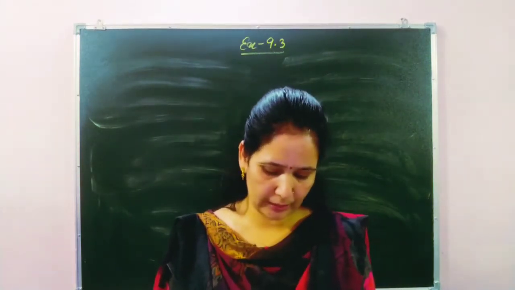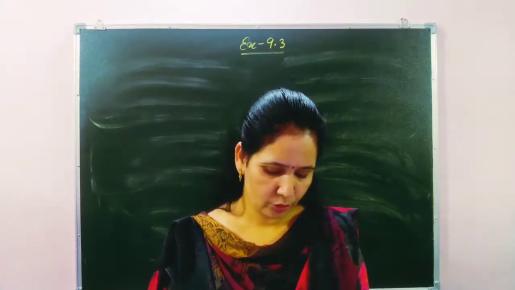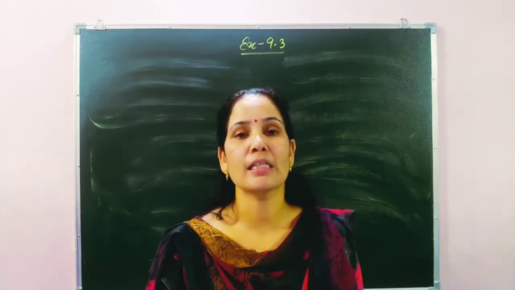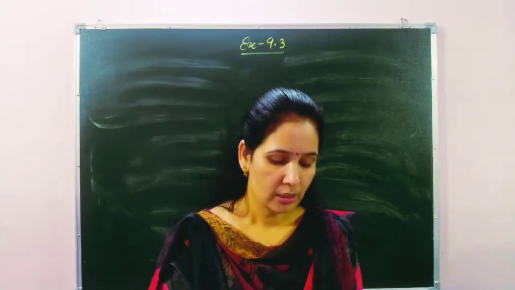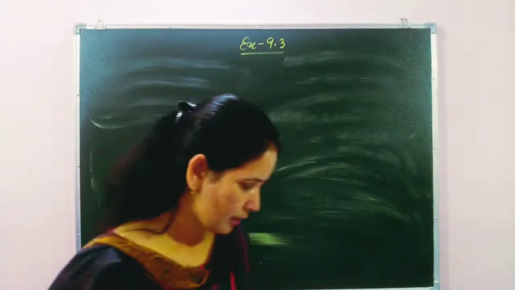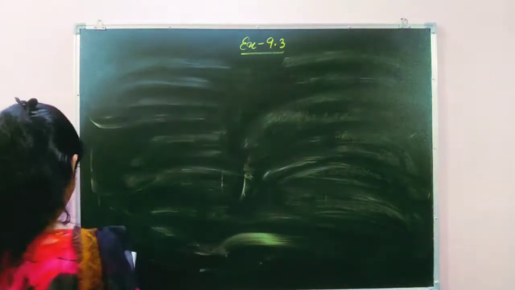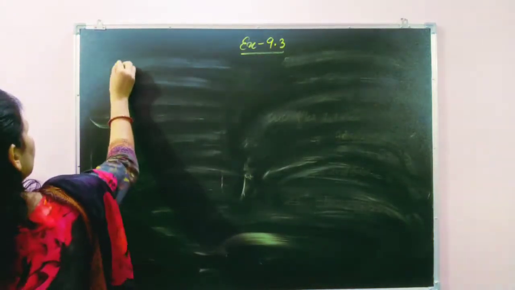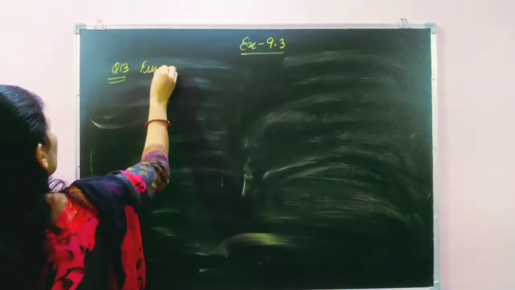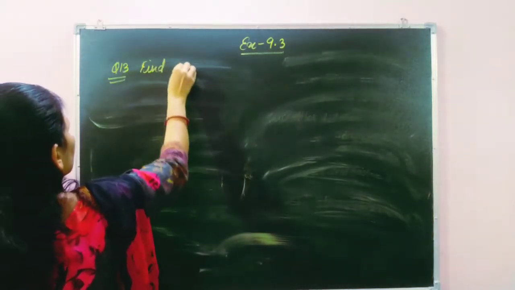Now question number 13, they have given two successive discounts and they are asking for a single discount for it. So what will be the single discount we keep for this one? Then let's see how to solve this one. Question number 13. In question number 13 we have to find out the single discount.